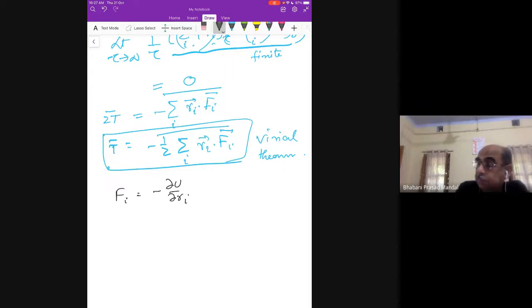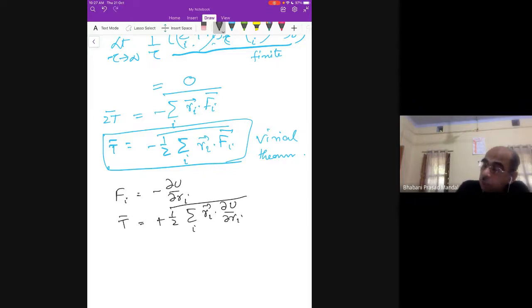So you can write that your t bar is minus half sum over i ri dot del u del ri, average. No, this will be plus, because f is minus, so minus minus plus.